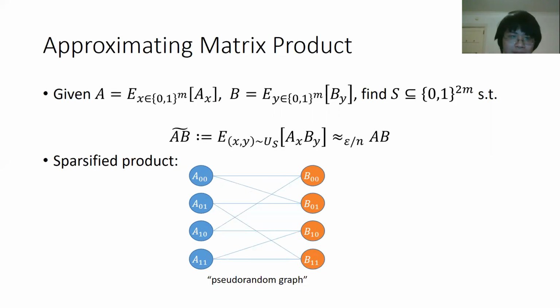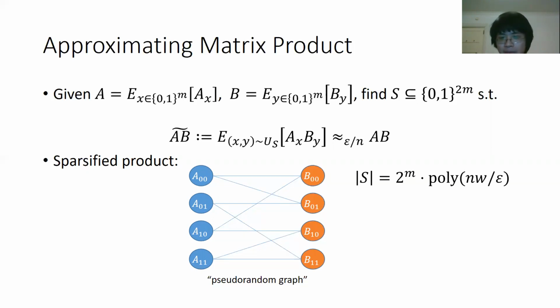So instead, in Nisan's paper, he got this pairing by applying a pseudorandom graph. Previously, the pairing of all possible X and BY can be viewed as a complete graph. And here, instead of using a complete graph, Nisan used a pseudorandom graph with degree only poly NW over epsilon.